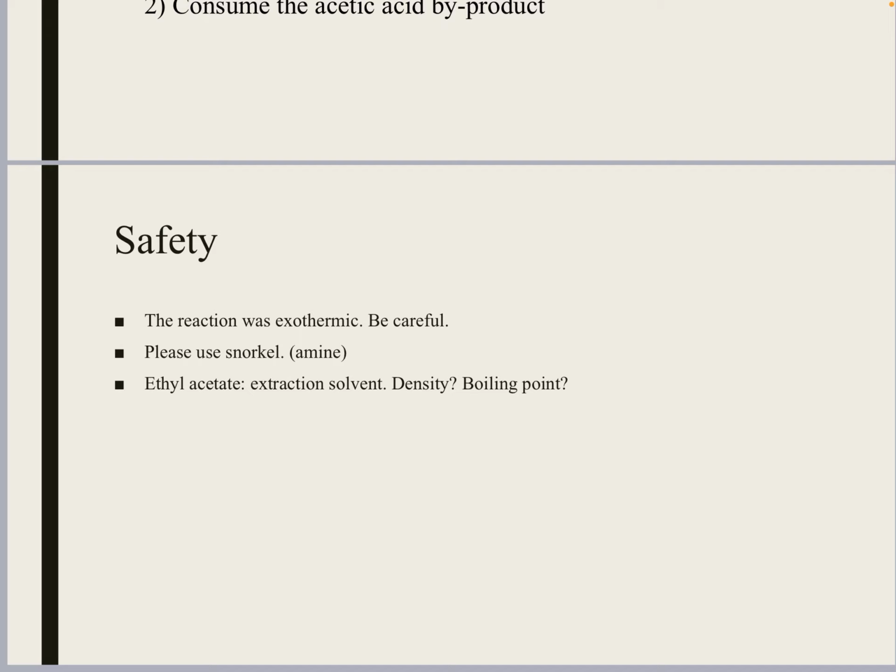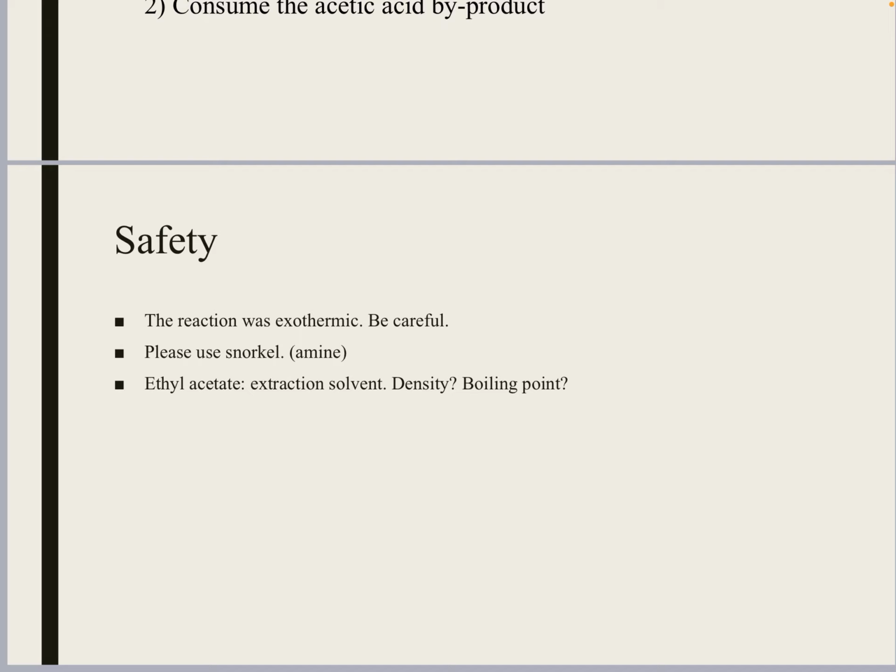Thirdly, we're going to use ethyl acetate as the extraction solvent. First question, is that going to be on the top layer or at the bottom layer? That will depend on the density of ethyl acetate, right?